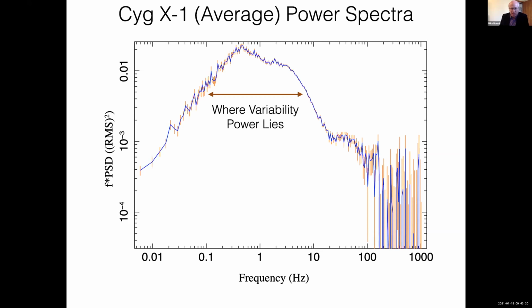This helps justify only going out to segments of roughly 200 seconds, in that there's not a lot of variability power there, so we're capturing most of the structure of the variability by looking at these 200-second segments and going out to 1/1000th of a second to get frequencies on the order of 1,000 hertz in this particular case.